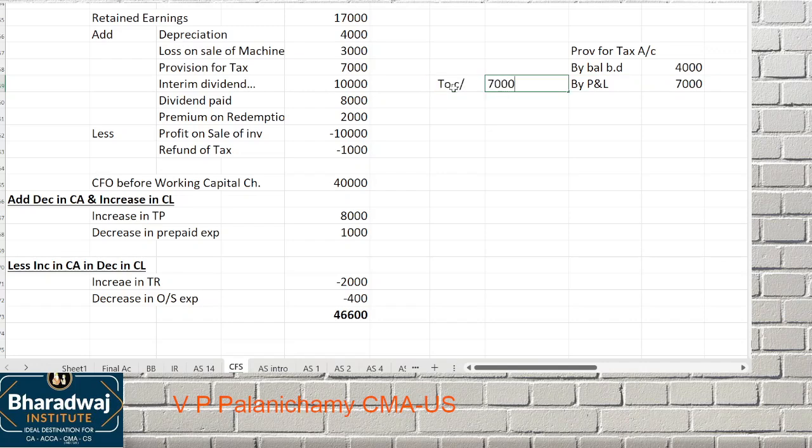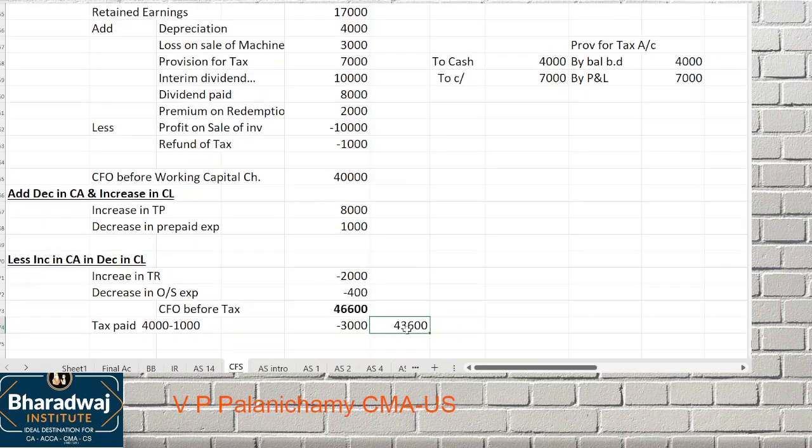Then tax paid would have been 4,000, but we got a refund in this. This is CFO before tax. But net cash outflow, tax paid is 4,000 after adjusting refund. Net how much we paid? 3,000. It is 43,600 cash from operating activity after tax.